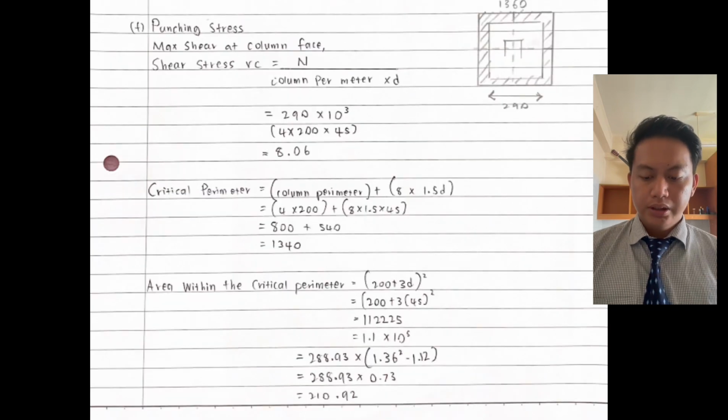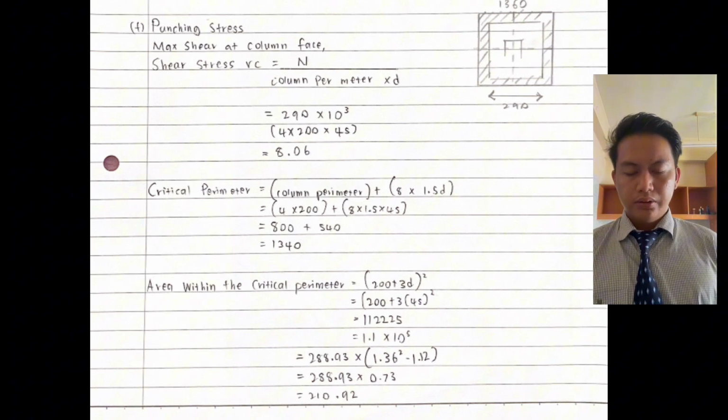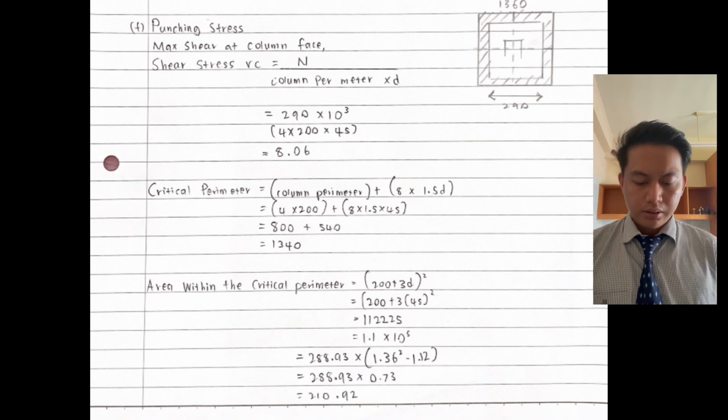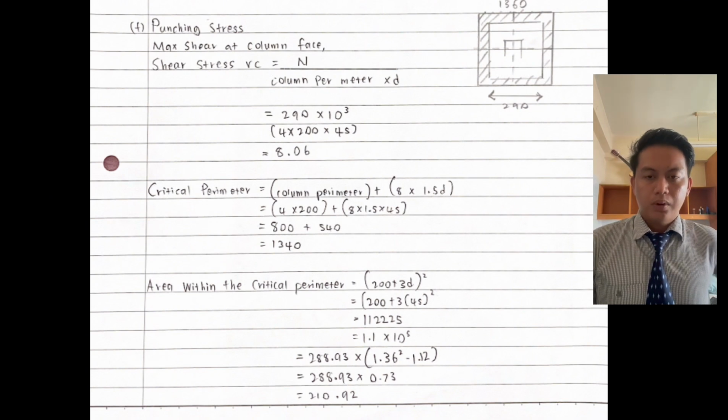And moving to the last point is punching stress. The shear stress VC equals 8.006, and the critical perimeter is 1340, and the area within the critical perimeter is 210.92.